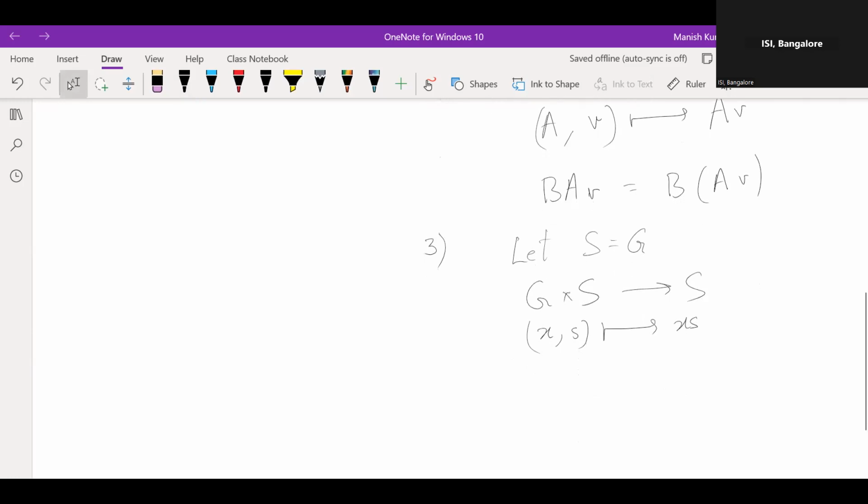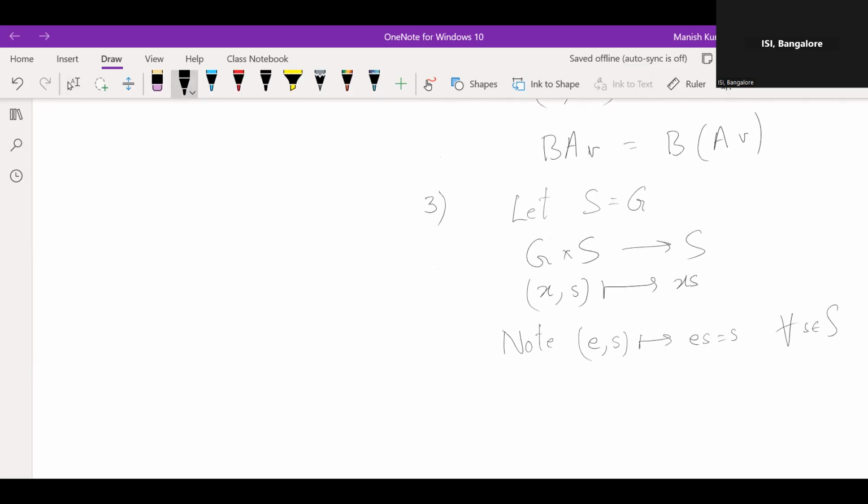Because note, E comma S goes to E times S, but E is the identity element, so it goes to S, for all S in S. And of course multiplication is associative.